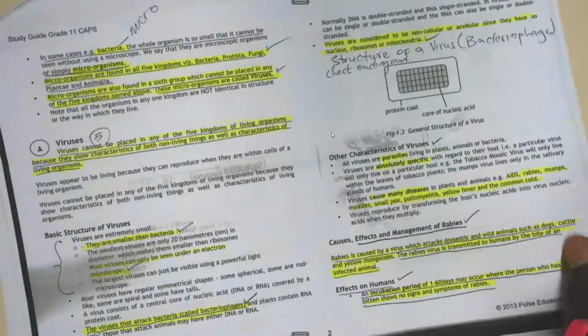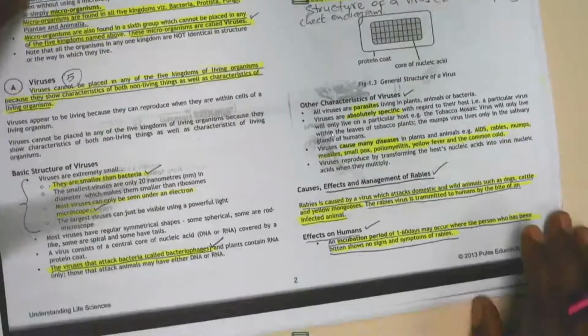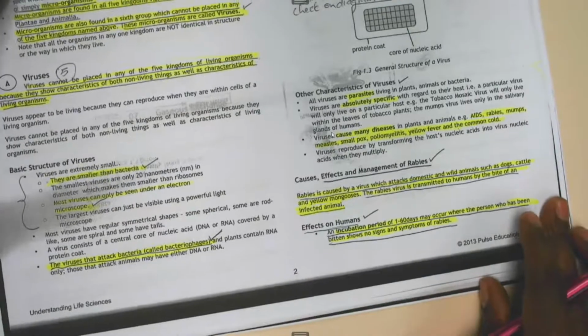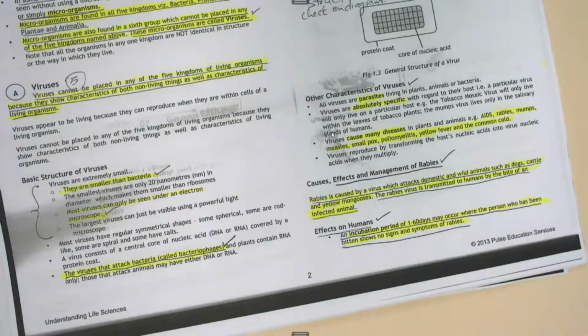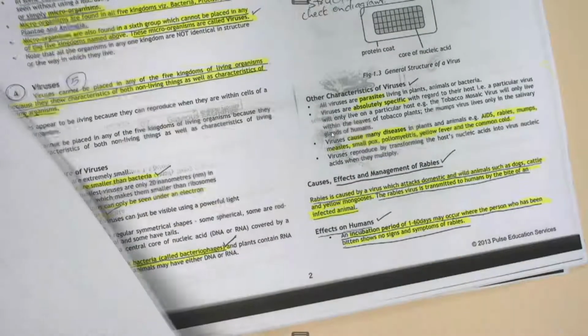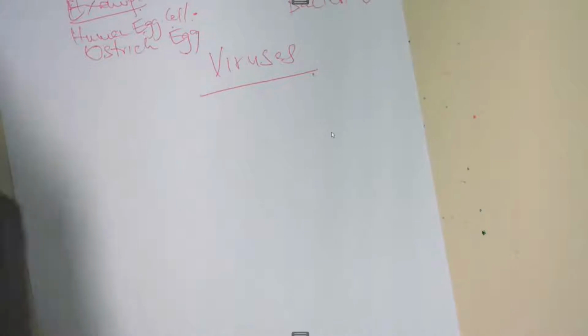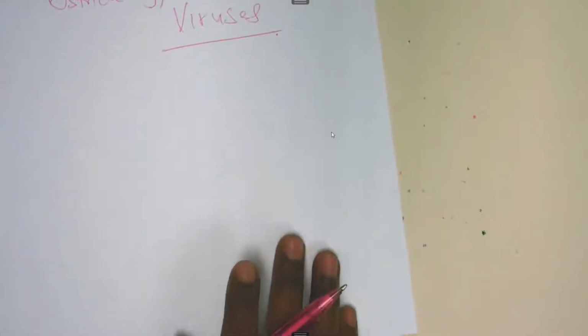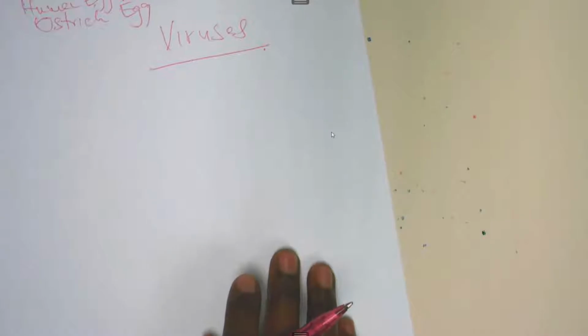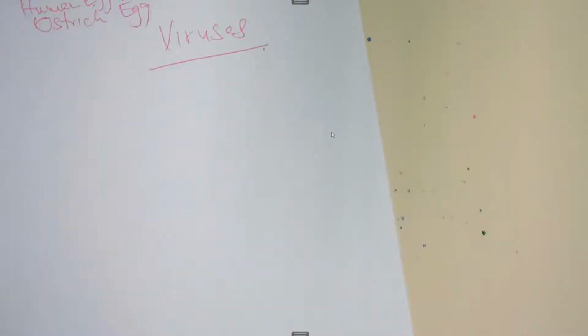So let us start with the first microorganism, which is a virus. Like I have said, the virus is found in the 6th group, group number 6, but it cannot be placed in any of the 5 kingdoms which have been mentioned. All right, and then let us go back to our ATP.